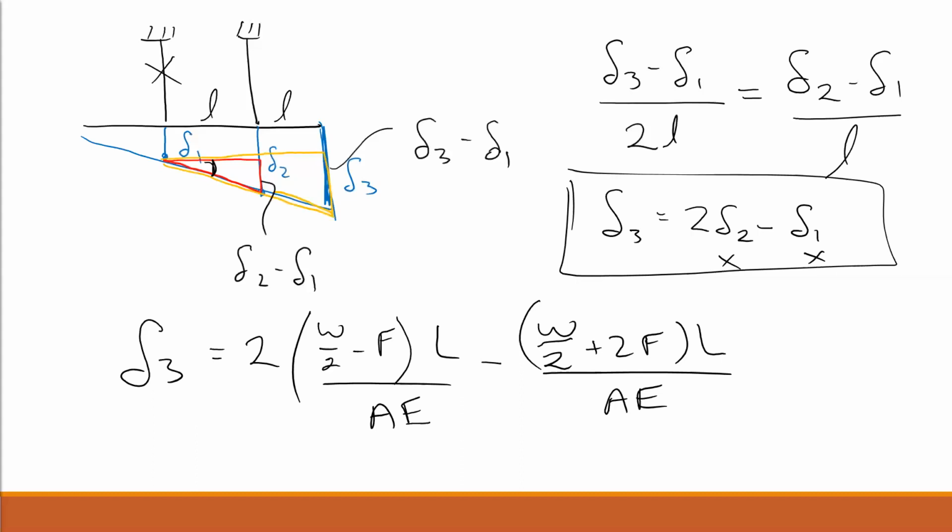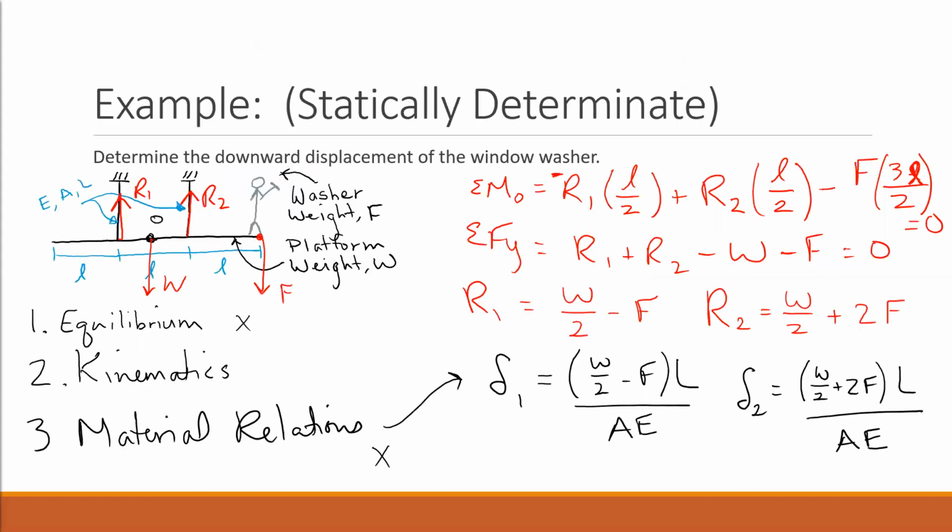But if there's nothing to resist that compression, it'll just flip. It's no longer in equilibrium. So to do that, we can go back and look at our equation for the reaction force. You can see here the answer is that when this force becomes greater than half of your platform, you're no longer going to be able to have a stable condition when the individual is out at the end.